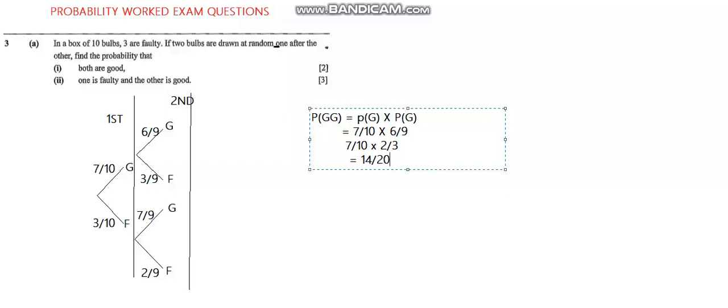We still have to reduce it to the lowest possible value. So we know that 2 can go into 14 7 times, 2 can go into 30 15 times. Hence, 7/15 is the probability in this case. Both means multiplication.